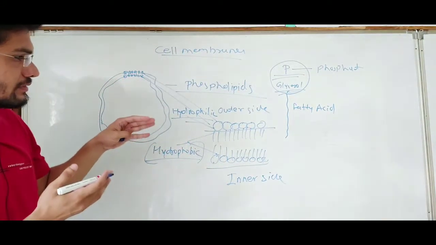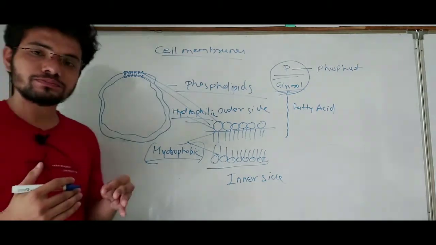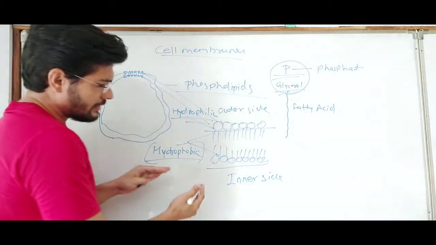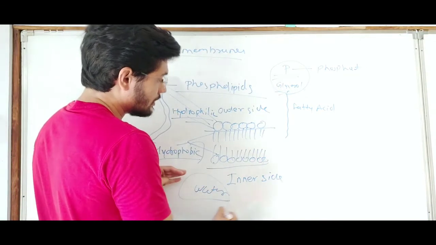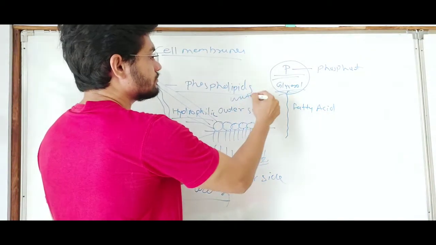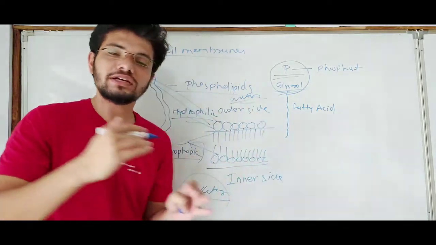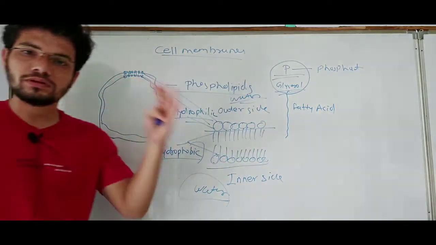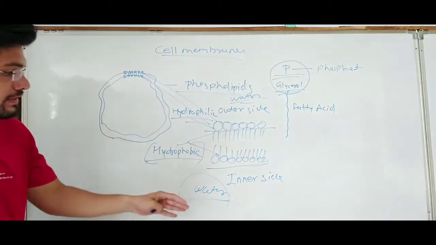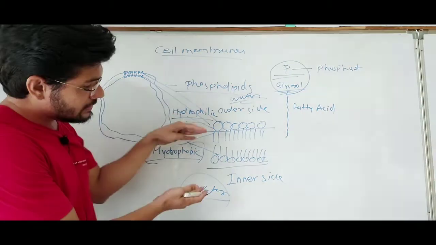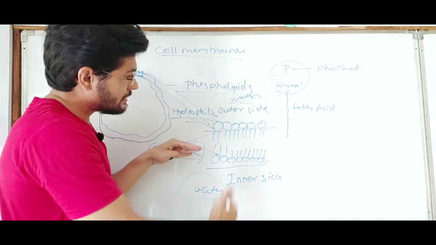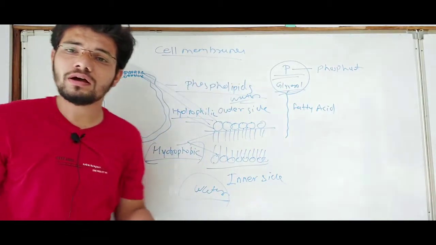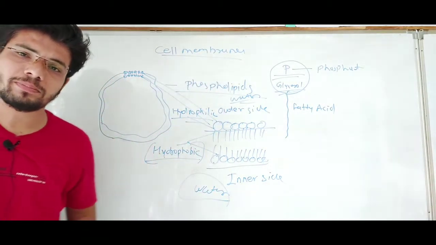The structure is like this because there is water inside the cell and water outside also. So this structure helps the cell survive in water, and this water is different from the outside water. That's why the cell membrane is selectively permeable.